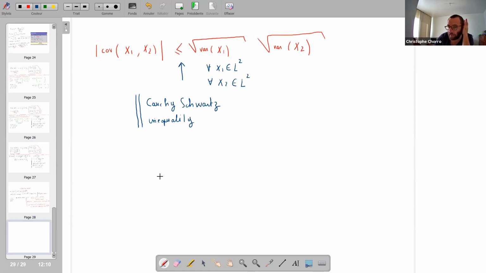So in general, in textbooks, this inequality doesn't take this form, but the following one. Define x1 tilde that is equal to x1 minus the expectation of x1, and x2 tilde that is equal to x2 minus the expectation of x2.